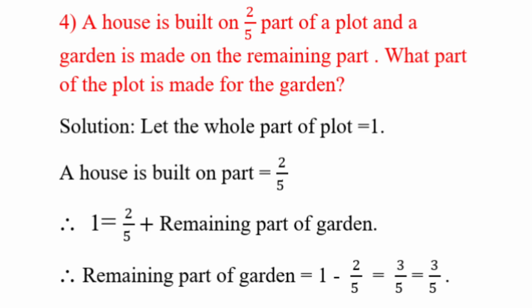How did it come? Either by cross multiplication or making the denominators common. Write the number 1 with denominator 1. If we make the denominator common as 5, in numerator also we will get 5, and 5 minus 2 is equal to 3, and we will have the answer 3 by 5.